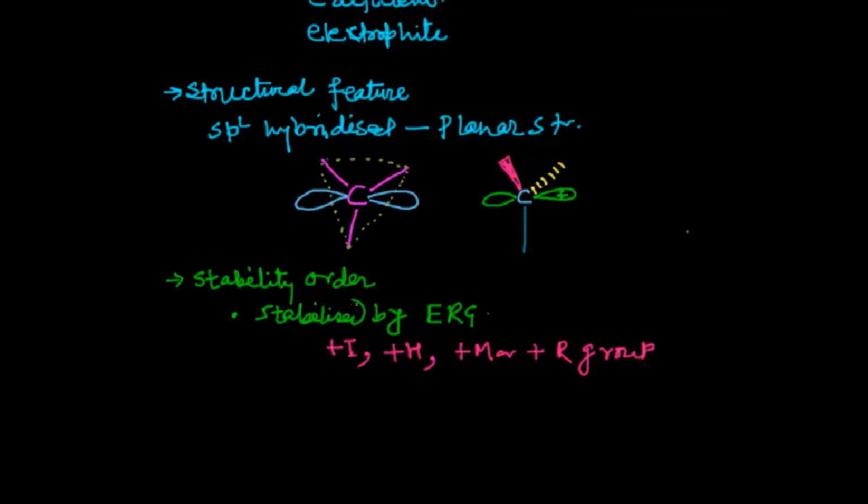So carbocations are stabilized by plus I groups, like we have already seen, like CH3, or something like O minus, that kind of group. This is directly proportional to the number of alpha hydrogens.